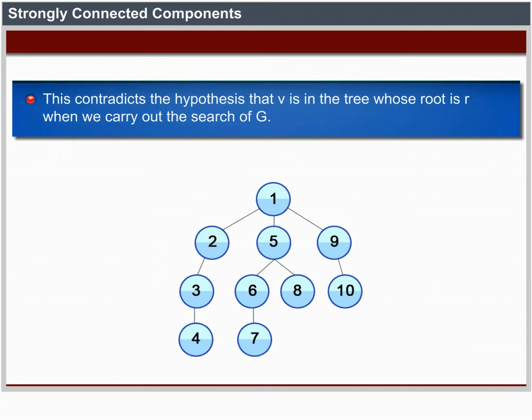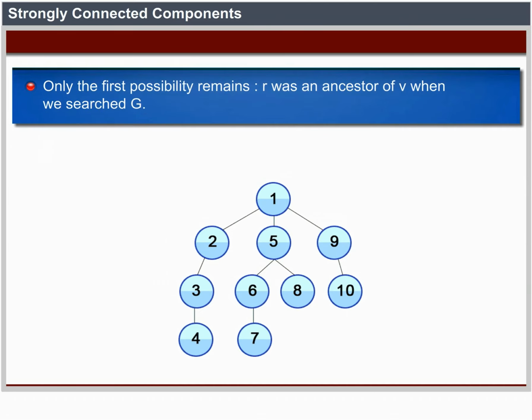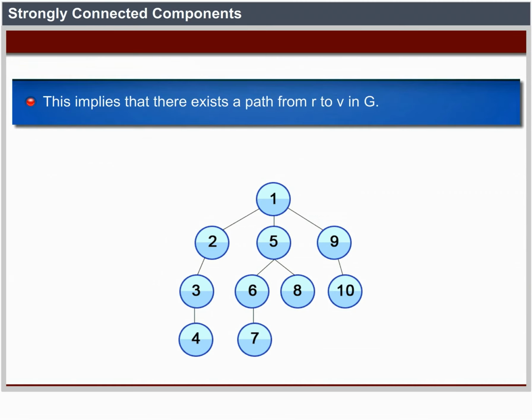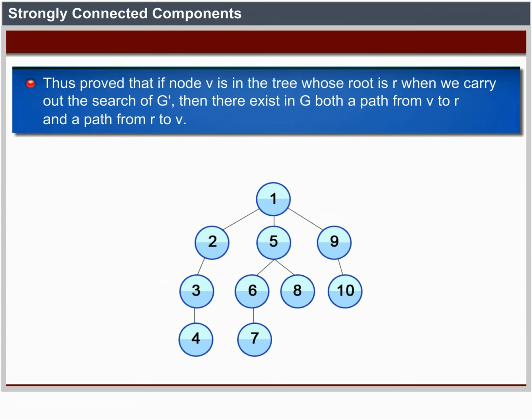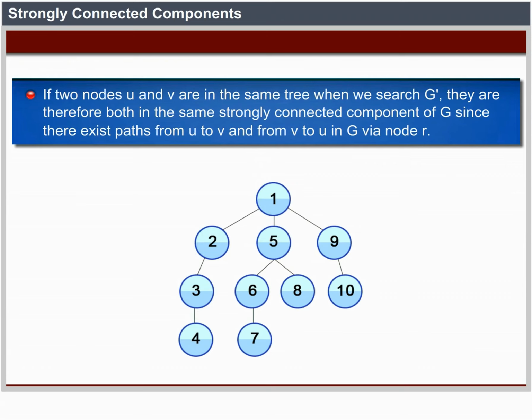Only the first possibility remains: R was an ancestor of V when we searched G. This implies that there exists a path from R to V in G. Thus we have proved that if node V is in the tree whose root is R when we carry out the search of G', then there exists in G both a path from V to R and a path from R to V. If two nodes U and V are in the same tree when we search G', they are therefore both in the same strongly connected component of G, since there exist paths from U to V and from V to U in G via node R.